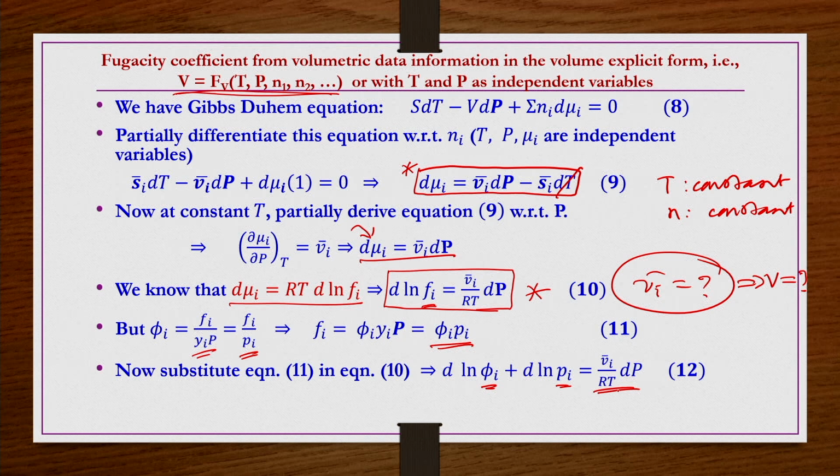Now we can make use of this equation when we have the partial pressure information. But what we try to do is have an expression purely as a function of temperature, pressure and composition and nothing else. So we try to get rid of this one also.